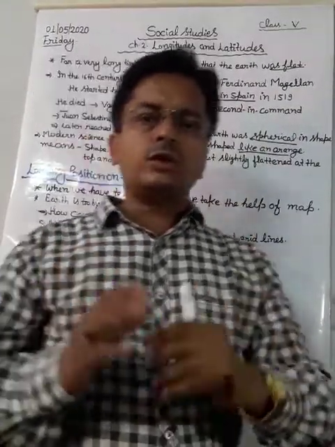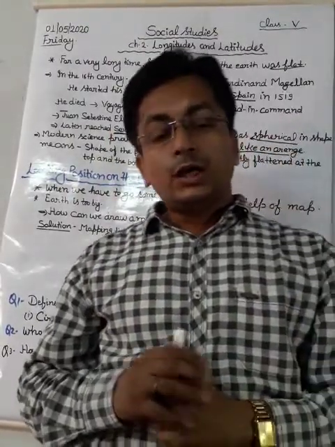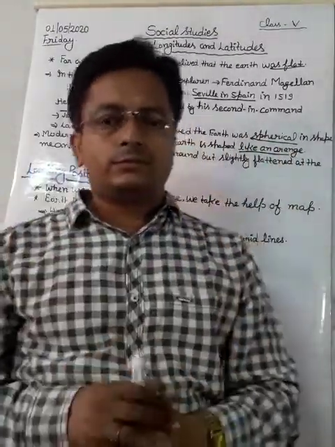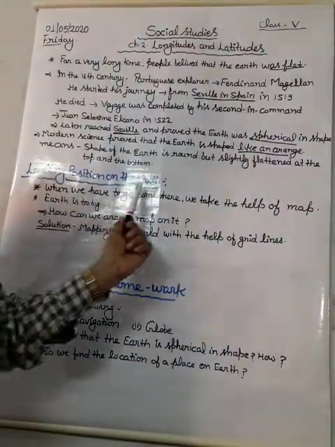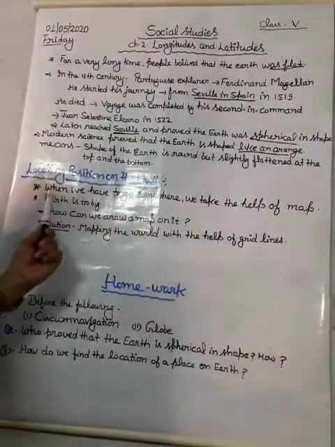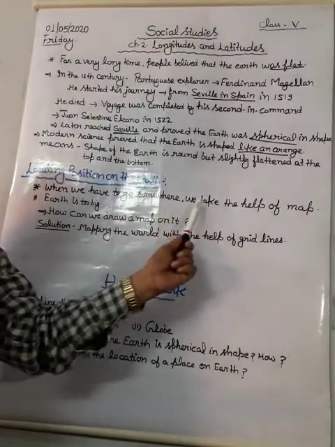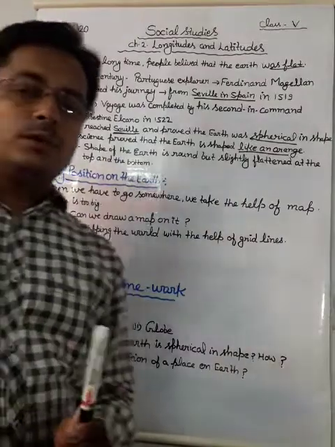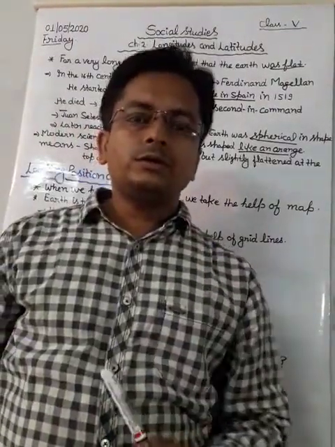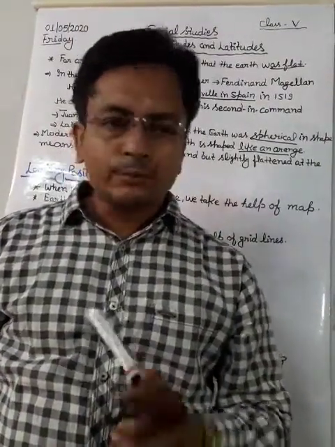What is the location of that place and how will you go there? So here is the question: locating position on the earth. When we have to go somewhere, we take the help of a map. Who helps us when we go somewhere? What are you telling? Map.